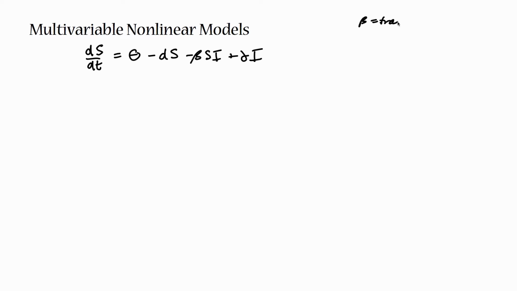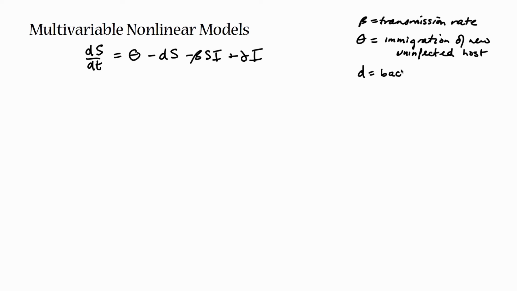Beta is the transmission rate. How often do people who are infected infect other people? Theta is the immigration rate of new uninfected hosts. So that could either be people who are just showing up not infected or people who are being born.